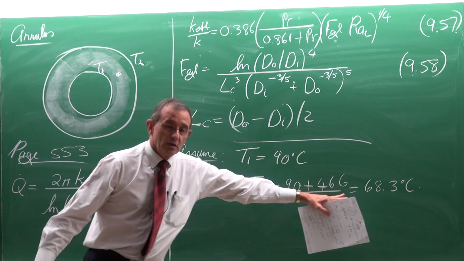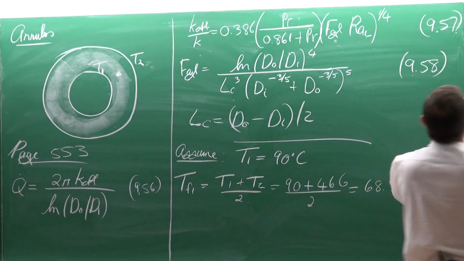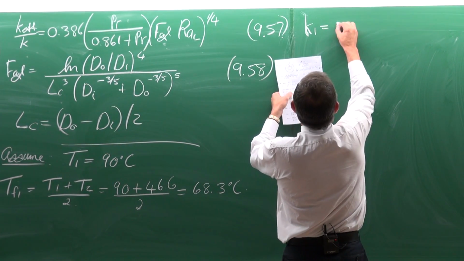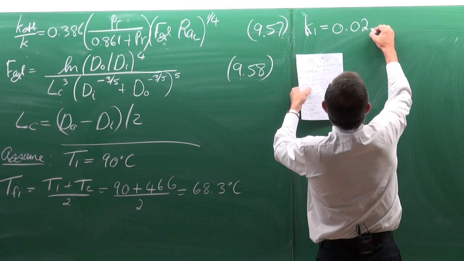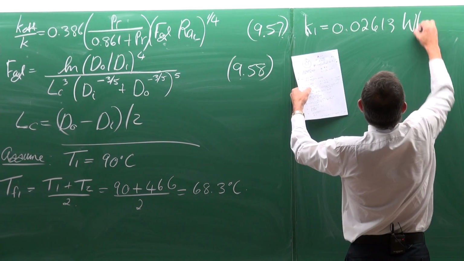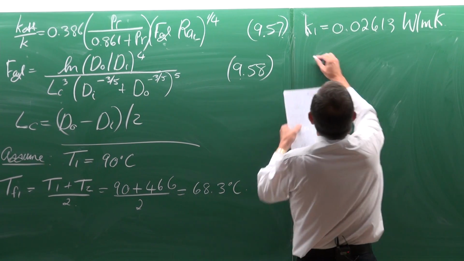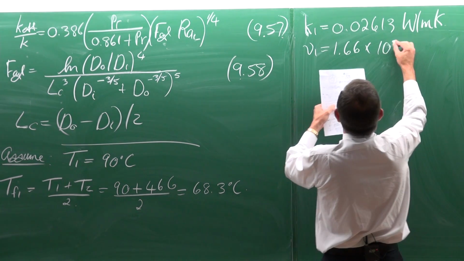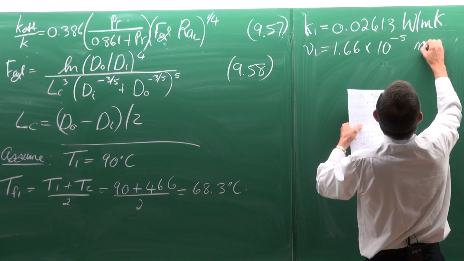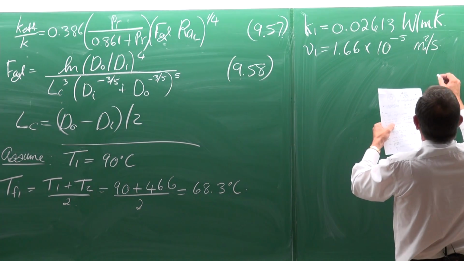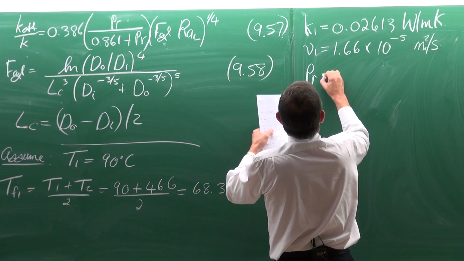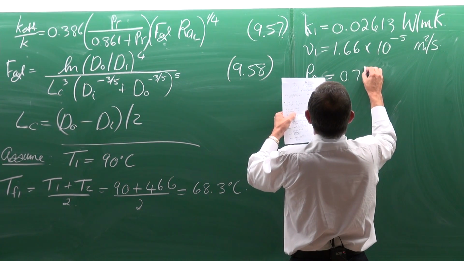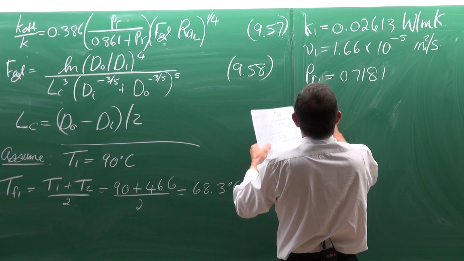At that temperature, we can determine all the properties. k1 would be equal to 0.02613 watts per meter Kelvin. The viscosity ν1 would be equal to 1.66 multiplied by 10 to the minus 5 square meters per second. Prandtl 1 would be equal to 0.7181.